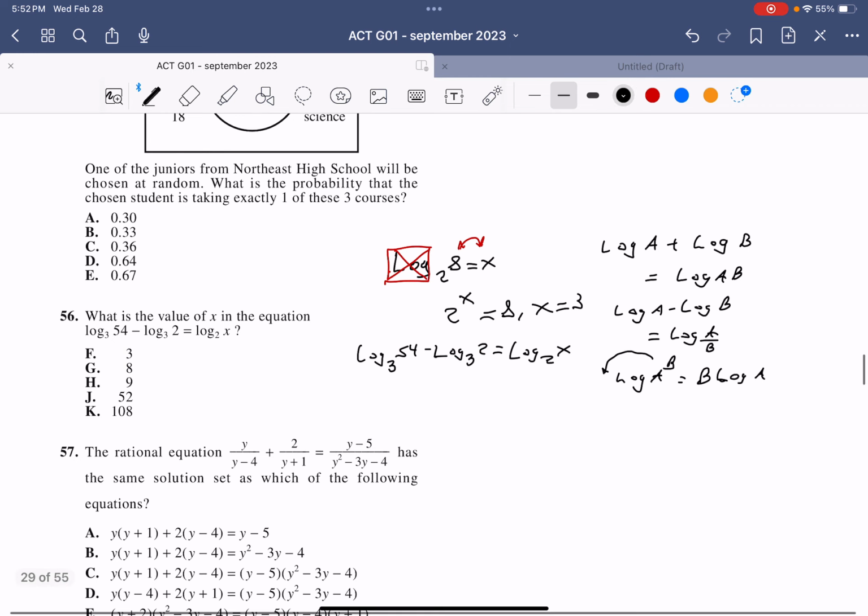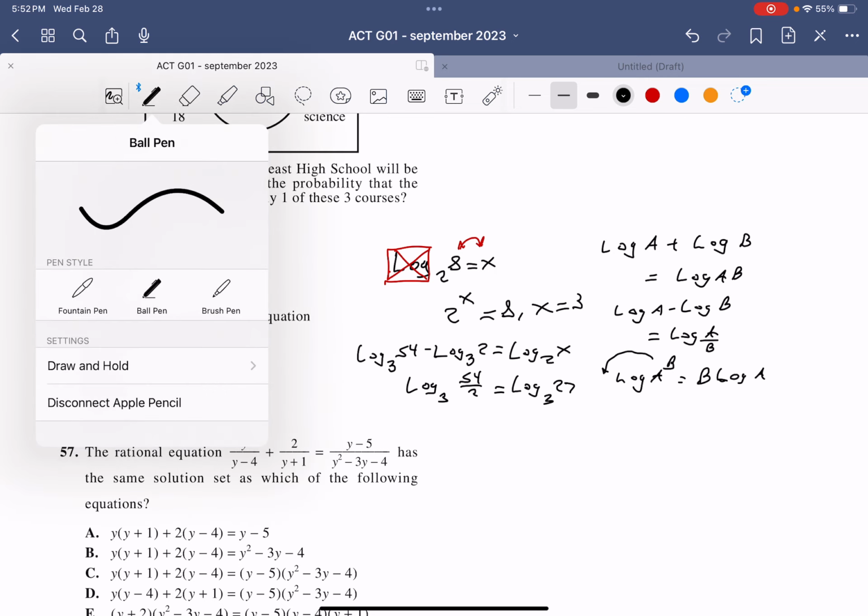Rewriting the left side, we're going to have log base 3 of 54 over 2, which is the same as writing log base 3 of 27. Then we're going to solve for this using the mnemonic I showed you up here.